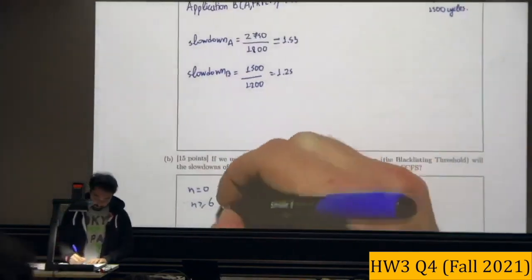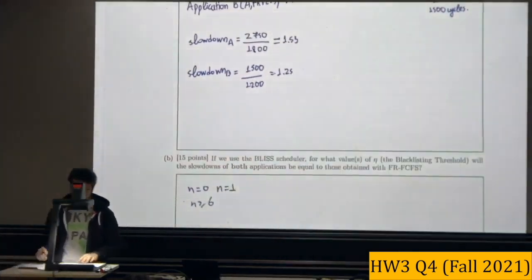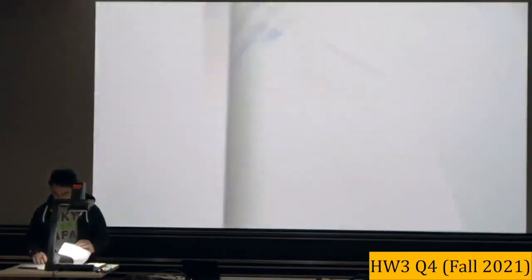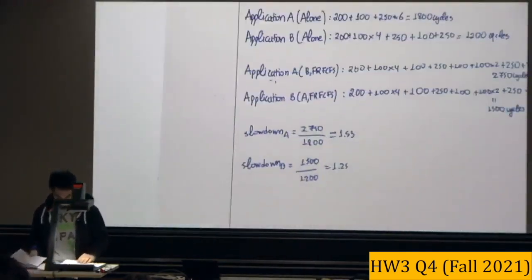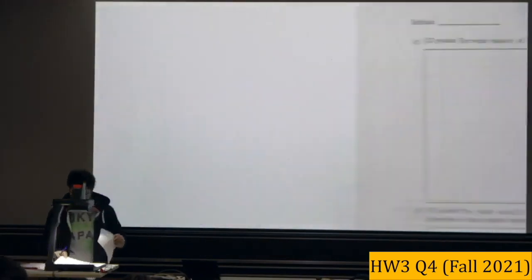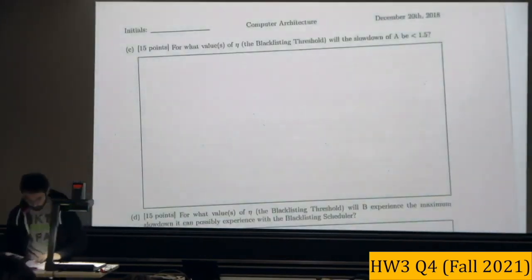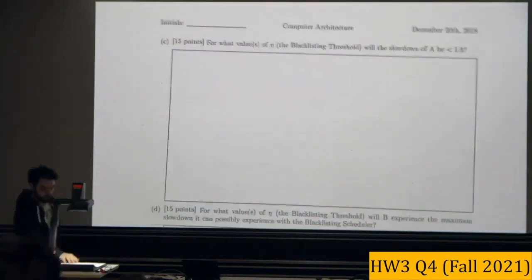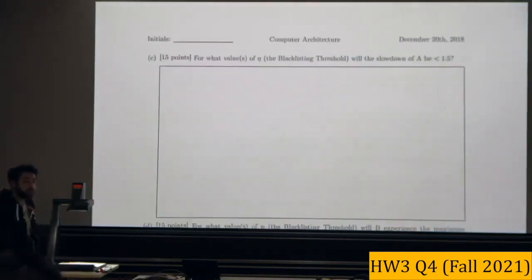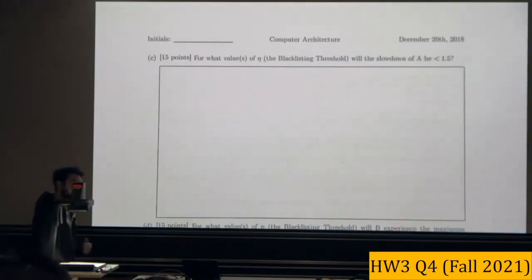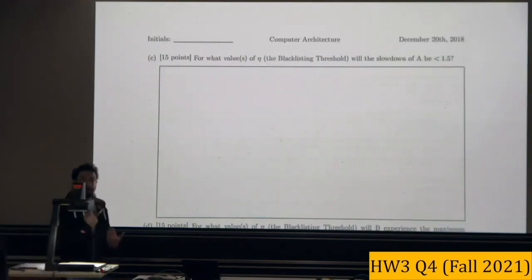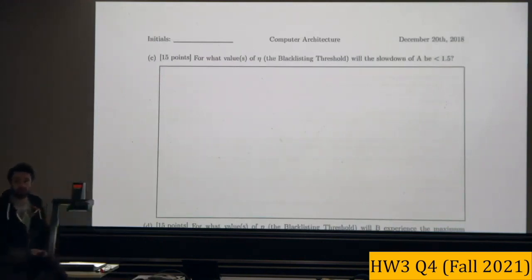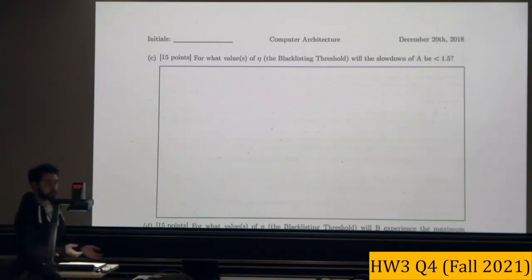And then n equals 1. So in this case, to have a slowdown of A which is less than 1.5, we need something that blacklists B, but does not blacklist A. Because if it blacklists A, the slowdown cannot be less than 1.5, right?